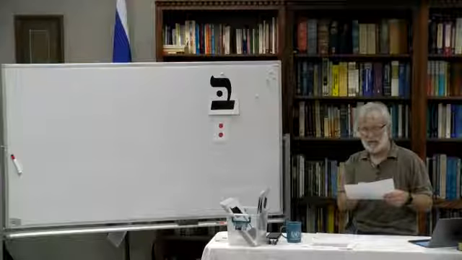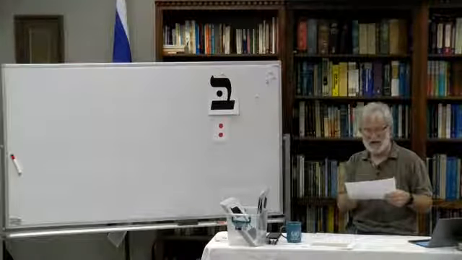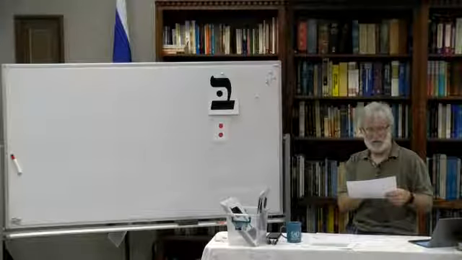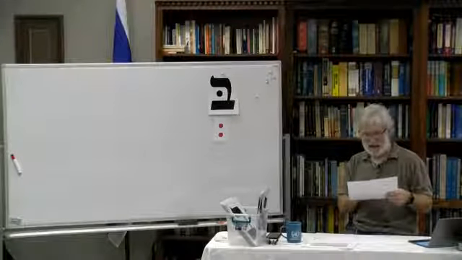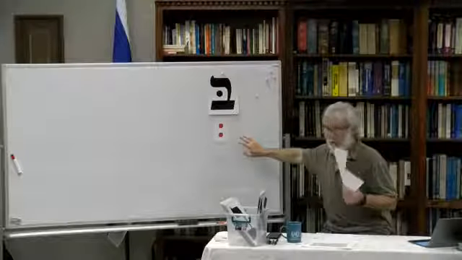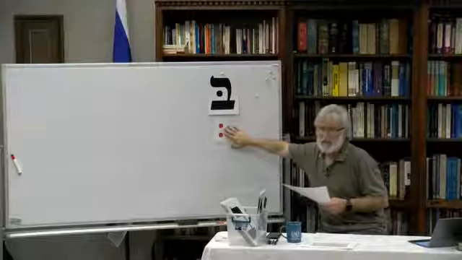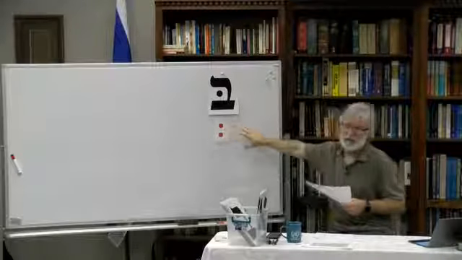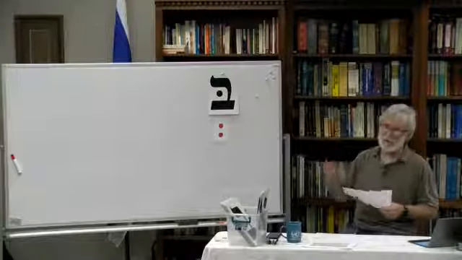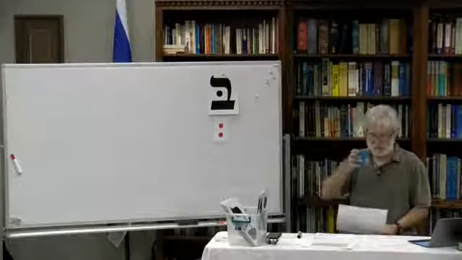You see that Aleph is a guttural. You have Hey, you have Het, you have Ayin, and sometimes Resh. Those letters that I just covered, the gutturals, you won't find the vocal Shava under those letters. So it's just one of the points that we're going to be talking more about in future classes.